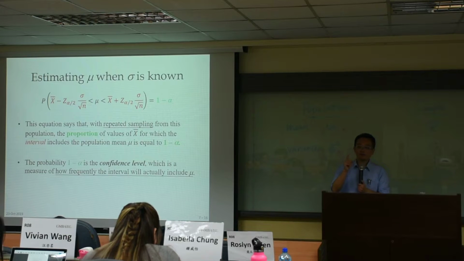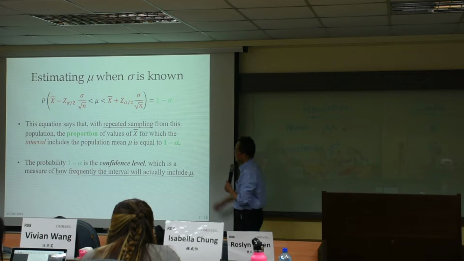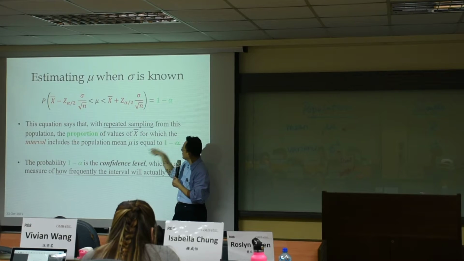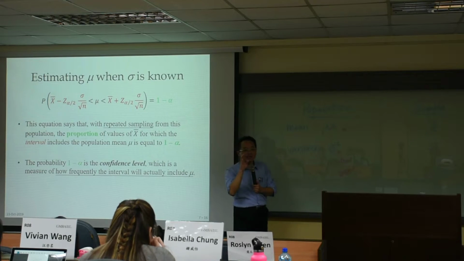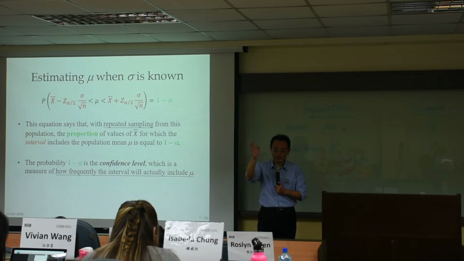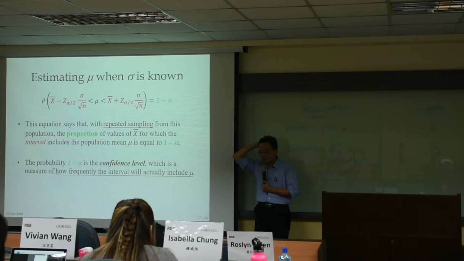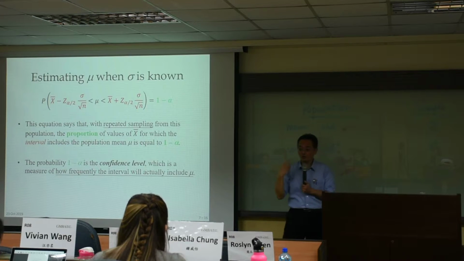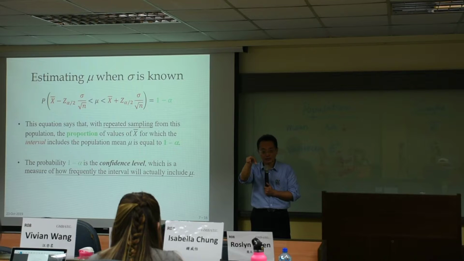If we say it's the probability of values of x bar to include the population mean, it implies that we think the population mean is variable, not fixed, so that we have a probability to capture it.